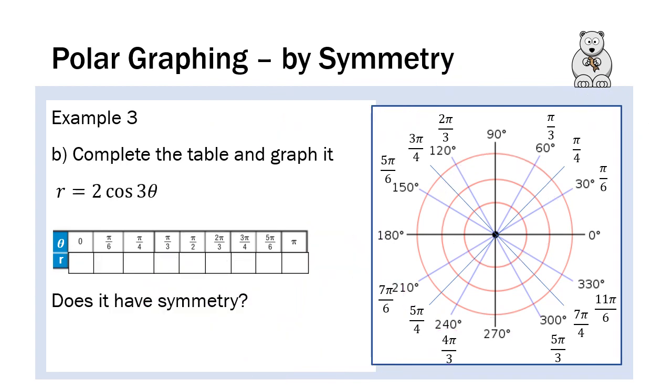So here comes another one, another shape. So this one's a little different. We're going to plug these in and I will tell you what I got. And then we're going to determine if it has symmetry or not. So I have 2, 0, pi over 6 was 0, pi over 4 was negative 1.4.